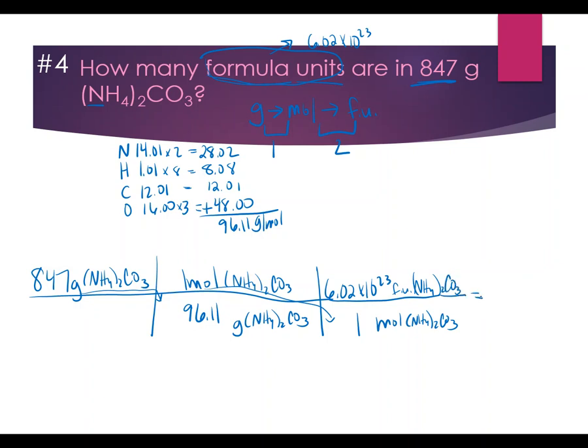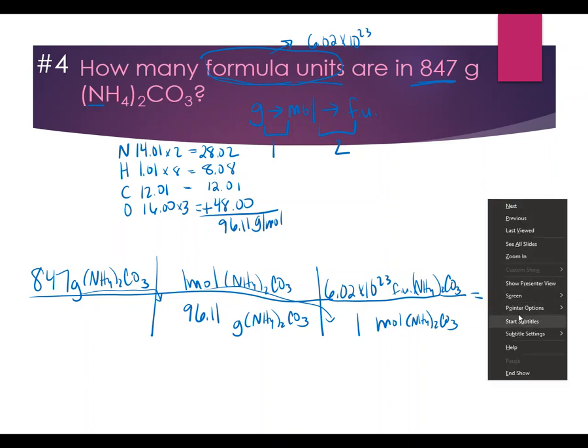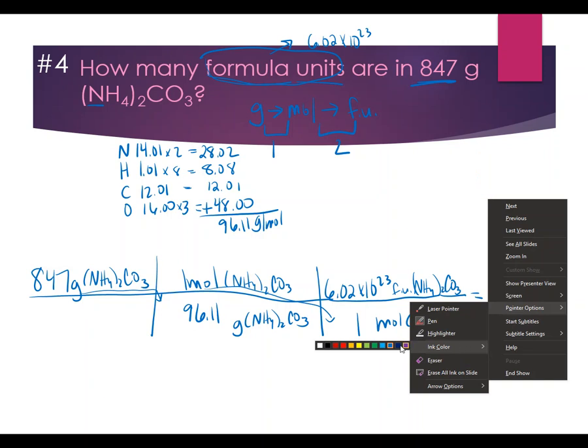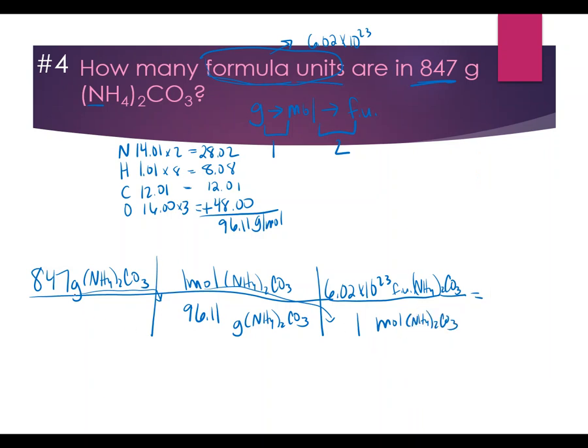Once you set all that up, of course, then we can cancel. Let's go with purple. We'll cancel grams with grams, moles with moles, and then we're left with the formula units, which is what we want.